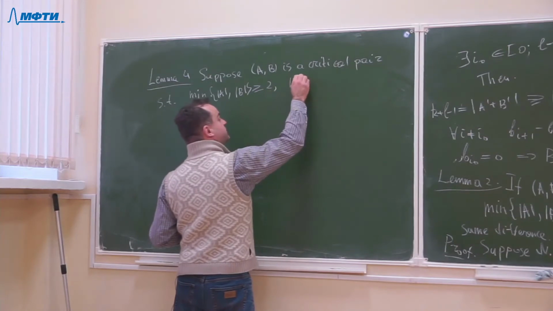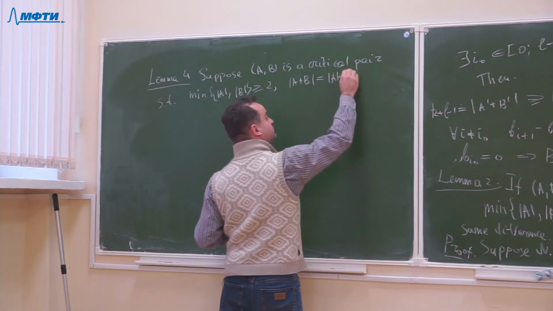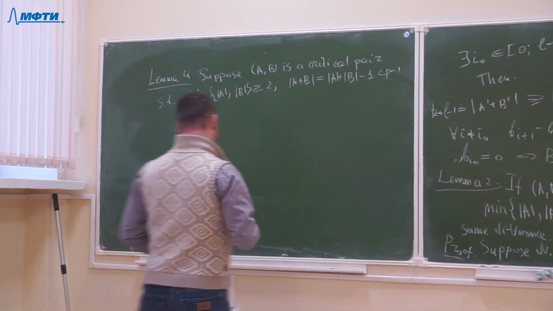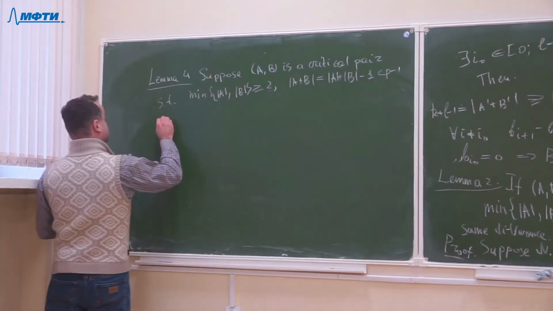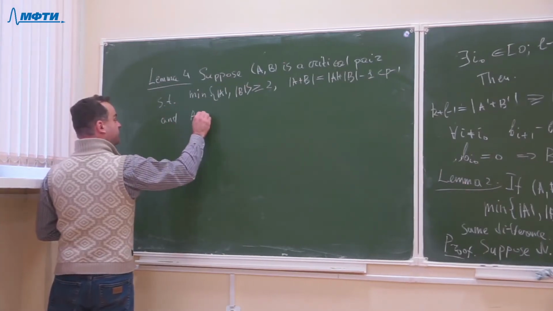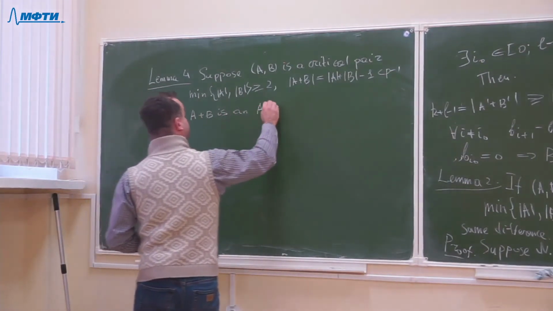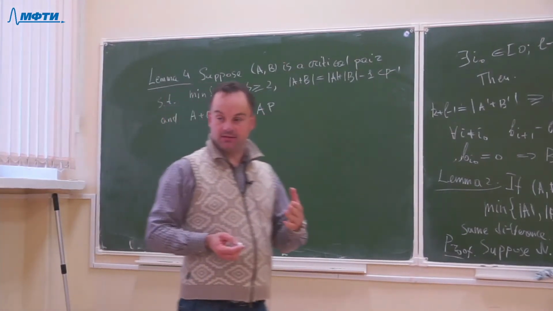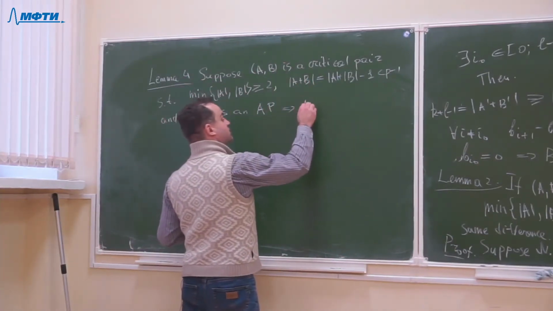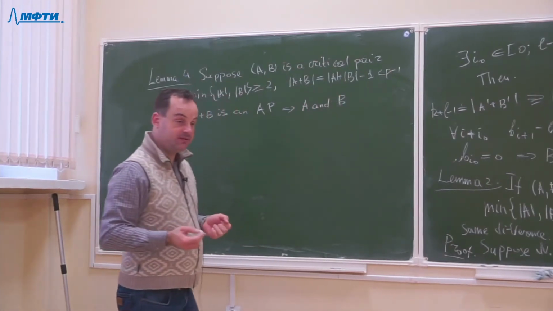The cardinality of A plus B equals the cardinality of A plus the cardinality of B minus 1, strictly smaller than P minus 1, and another supposition: A plus B is an arithmetic progression. Then A and B are arithmetic progressions with the same difference.